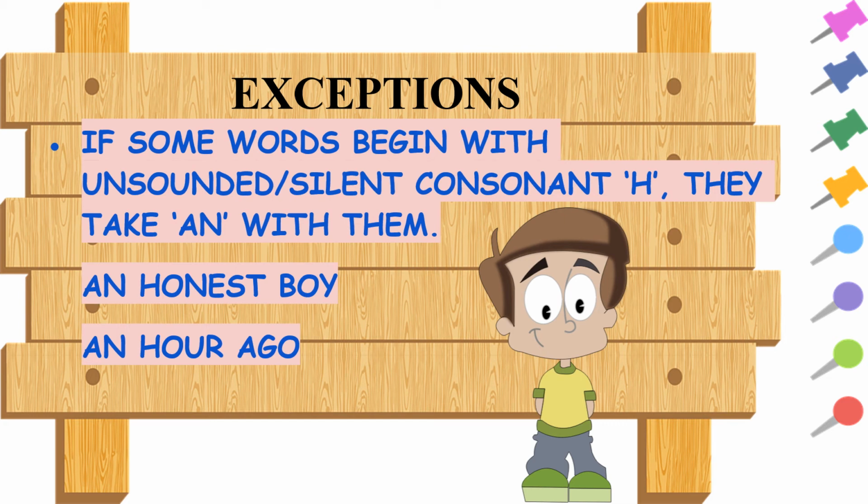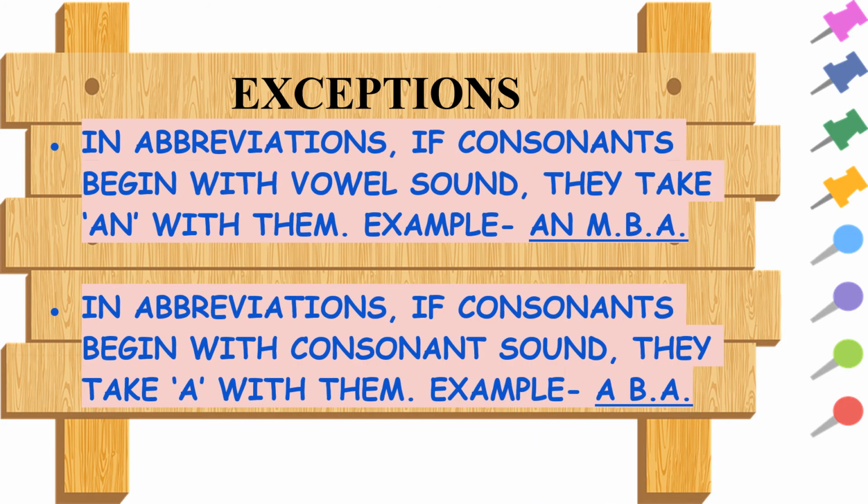Let's move on to another exception. The last exception that we have is related to abbreviations, and these abbreviations take an and a, but there is a rule for them.